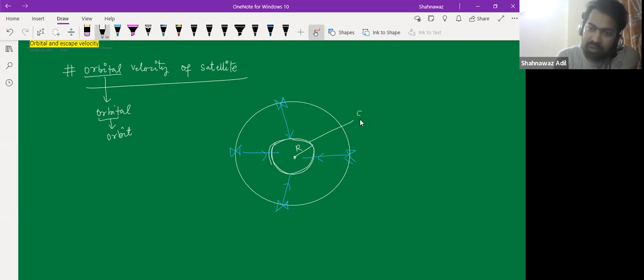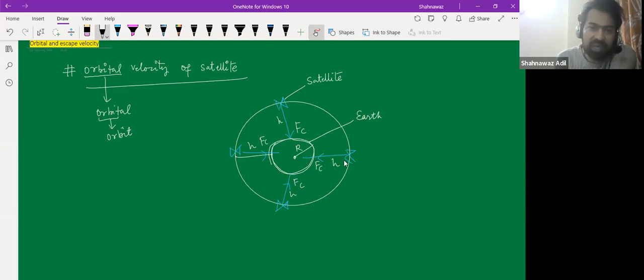This is your Earth. This is the satellite. Let's say this is at some height h. Centripetal force. Yes, absolutely right. Good. So the force acting towards the center, that is the centripetal force. From here to here, the height is h.